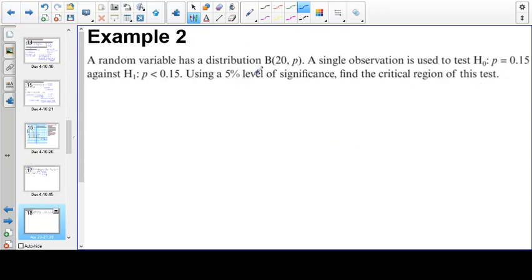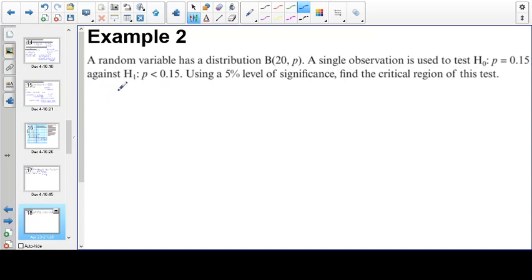Okay, let's look at another one. This one has no context, it's just numbers. A random variable has a distribution B(20, p) with some probability of success, where we're told a single observation is used to test the null hypothesis that p is 0.15 against the alternative that p is less than 0.15.